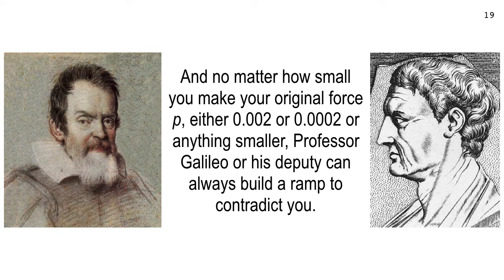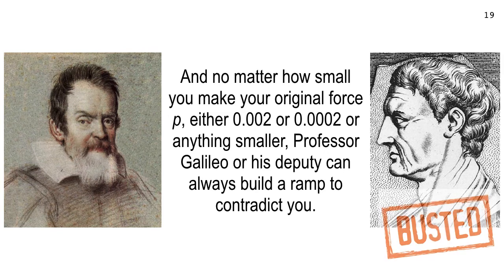No matter how small they make that force, or they imagine that force to be, Galileo can build a ramp, and you're basically busted. All right, so Aristotle was defeated.